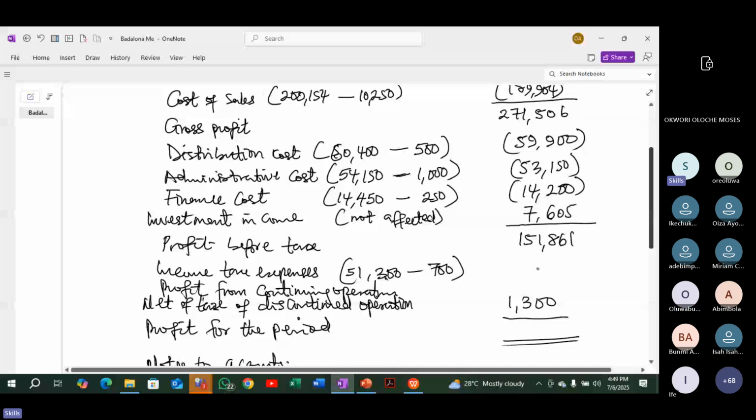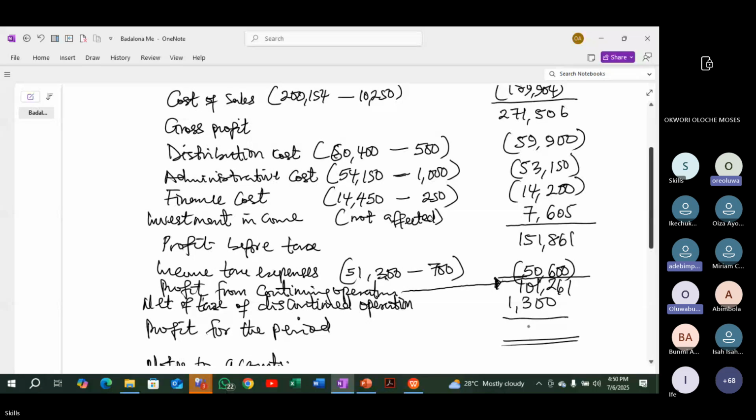Please hold on, accountant. I have this profit for the period, income tax, then profit from continuing operation is what? 101,261 plus the 1,300 gives 102,561.